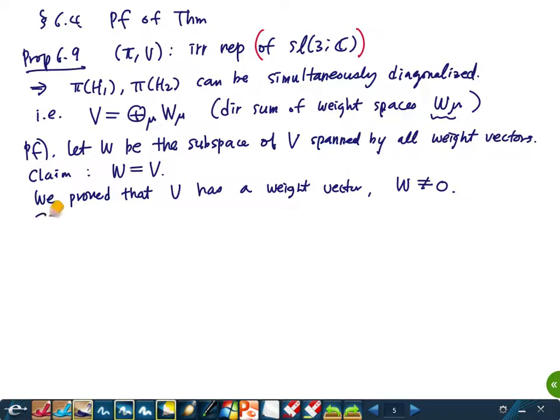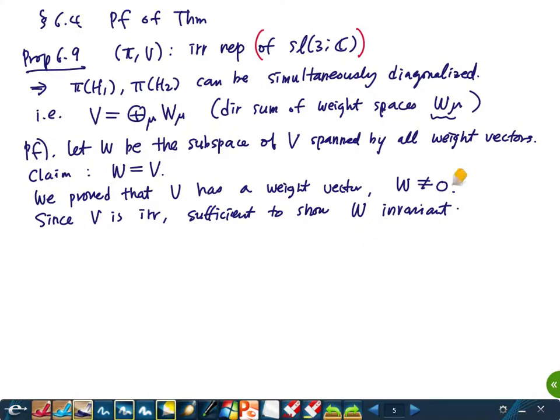And since V is irreducible, it is sufficient to show that W is invariant. Because irreducible means if there is an invariant subspace, it must be 0 or itself.